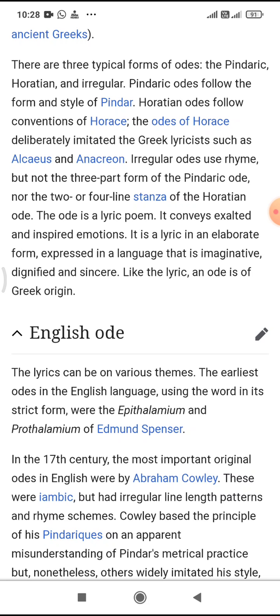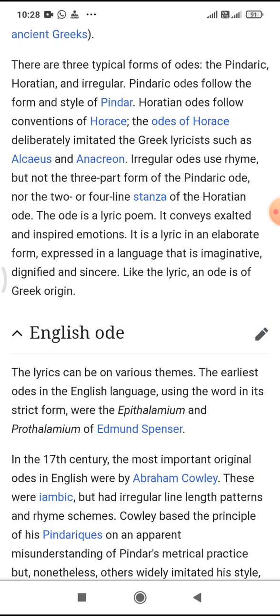Pindaric odes follow the form and style of Pindar, a famous poet of ancient time. Horatian odes follow the conventions of Horace, and are named after him.